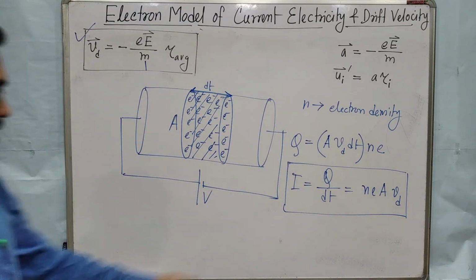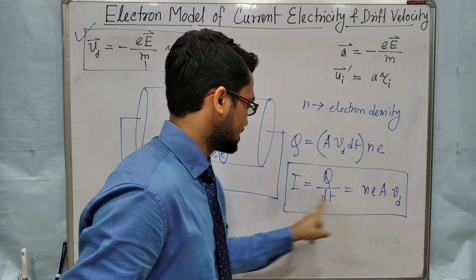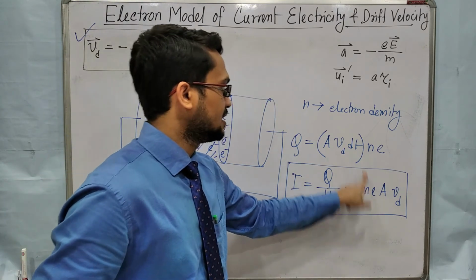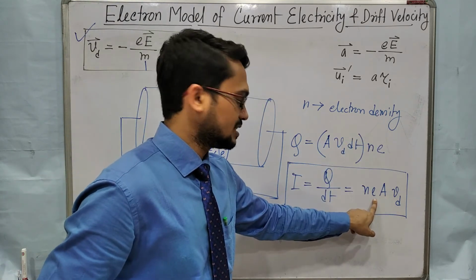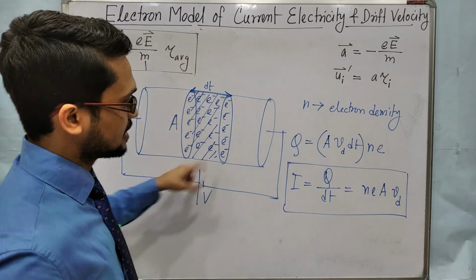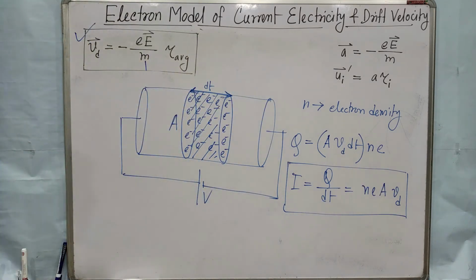Current and drift velocity are related like this: I equals neA Vd, where n is the number density of electrons, e is the charge of one electron, A is the cross sectional area of that conductor, and Vd is the drift velocity of those charges.